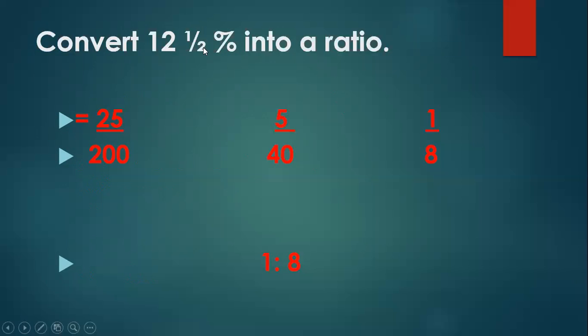Remember the last example, I told you percent means over 100. So it is 12.5 over 100, which is 25 over 2, and also 100 must be down here. It is 25 over 200. Now we start simplification. Divide by 5: 25 by 5 is 5, 200 by 5 is 40. We can also simplify by 5 again: 5 by 5 is 1, 40 by 5 is 8. So as a simplified fraction, it is 1 over 8. But as a ratio it is 1:8.